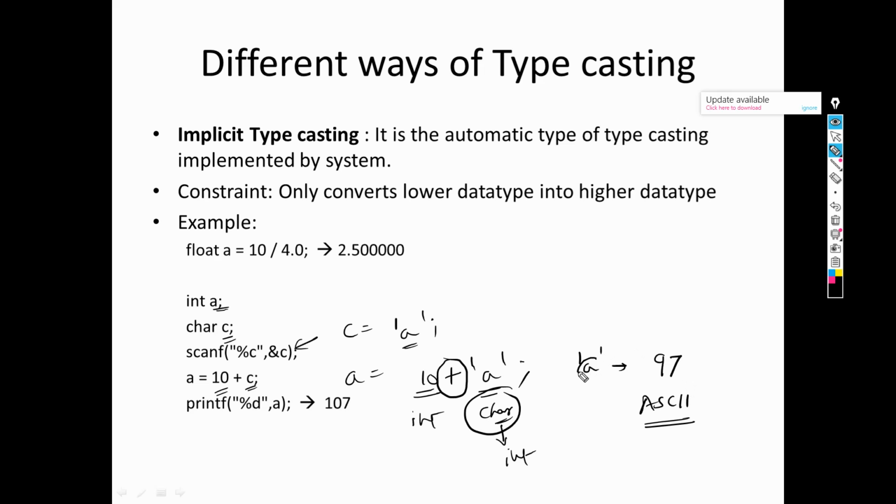For small a it is 97, for capital A it is 65, and likewise for all the characters we have an appropriate ASCII value. So this character will be converted into integer, so single quote A will be considered as 97. Now 97 plus 10 gives you 107. So here character is automatically converted into integer. This is another example of implicit type conversion.